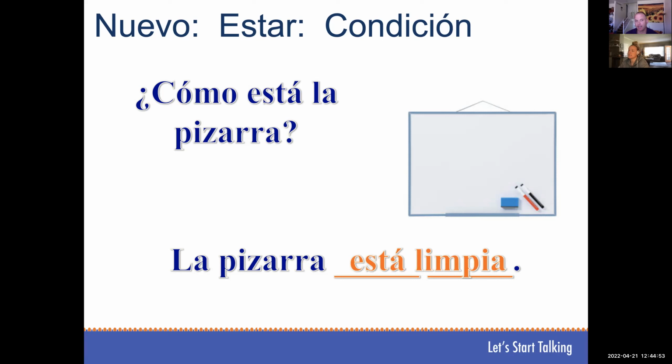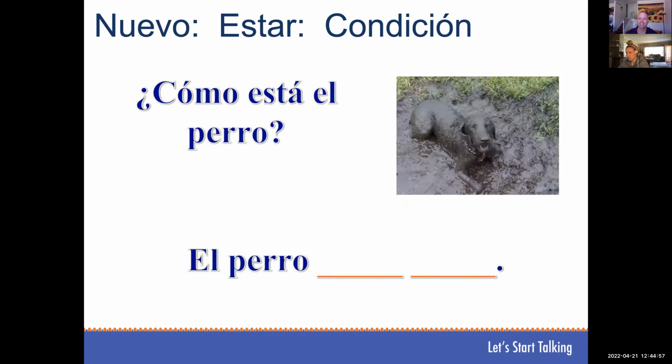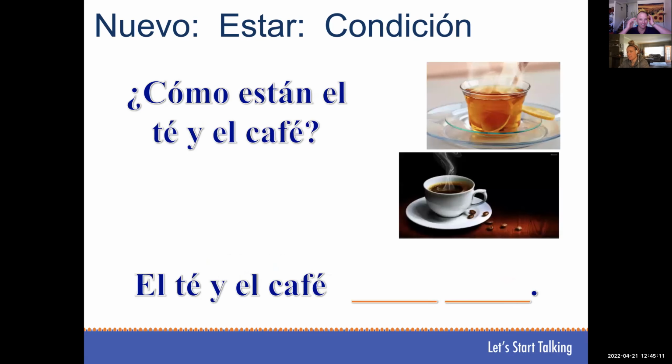Limpia. Okay, yes, because it's pizarra. Okay, limpia. ¿Cómo está el perro? El perro está sucio. Muy bien, está muy sucio. ¿Cómo están el té y el café? El té y el café está caliente. And here you need to say están, because you're talking about two things. Both. Okay.